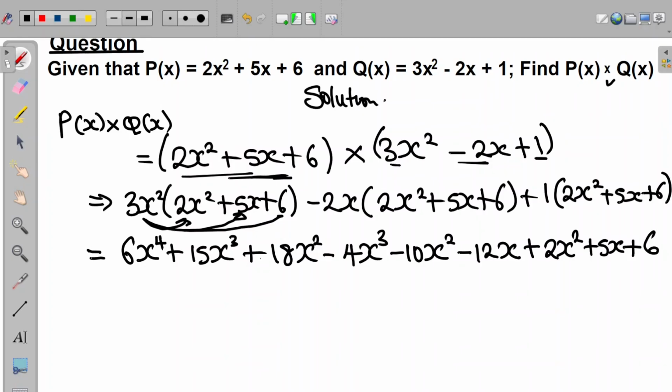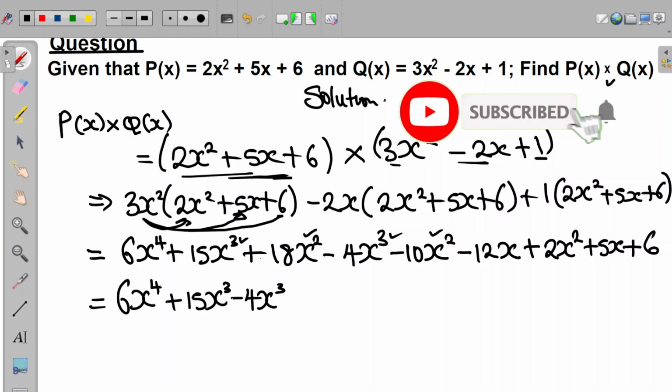So now looking at the equation, we can now add or subtract like terms. So this becomes 6x to the power of 4. Now we have x to the power of 3 here, and also we have x to the power of 3 here. So this becomes plus 15x³ minus 4x³. Also, we have x² here, and here also we have x², and at this point also we have x².